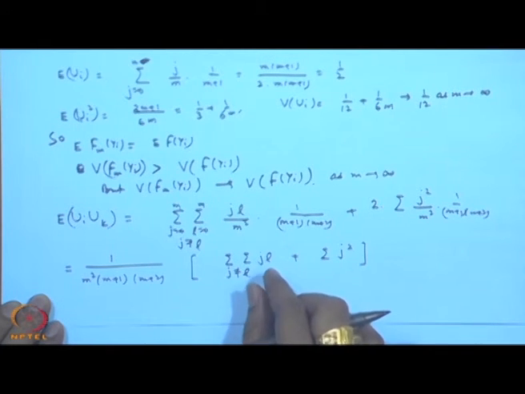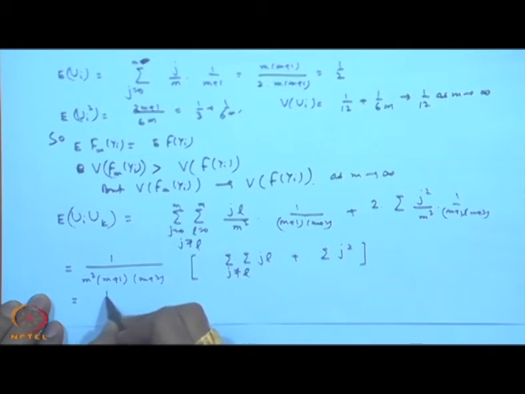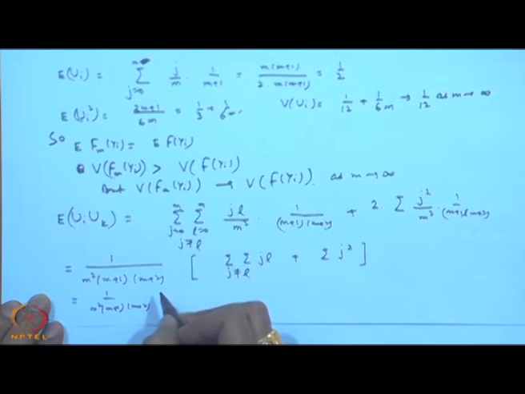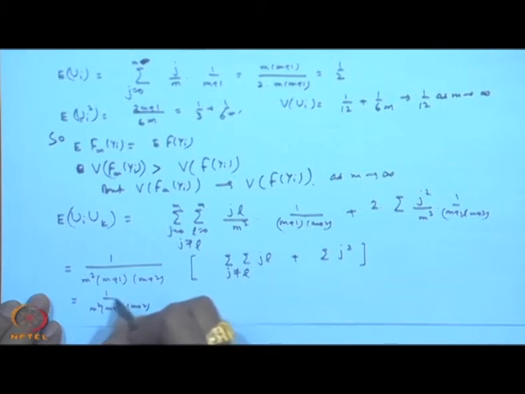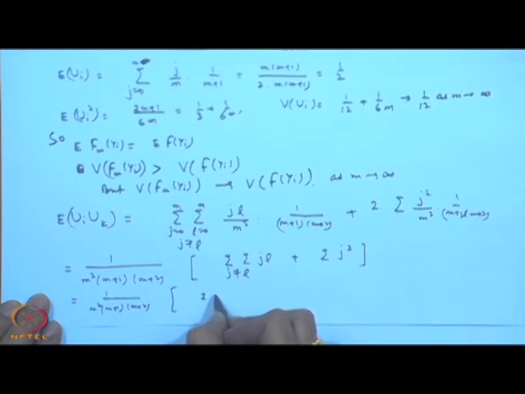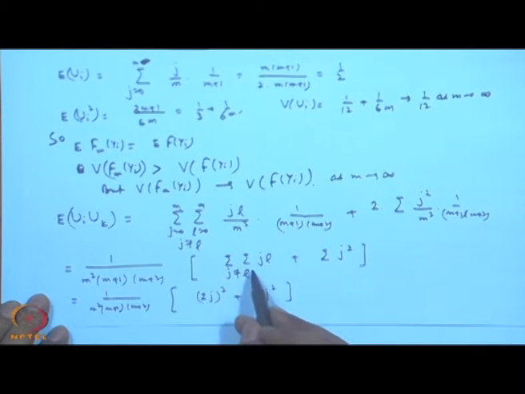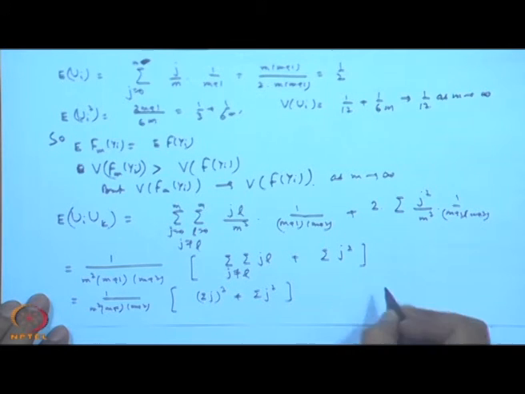So this is then equal to 1 by m square (m plus 1)(m plus 2) times sigma j whole square plus sigma j square. I have made a mistake here, this will become minus. After simplification this will turn out to be 1 by 4 plus 1 by 12m.